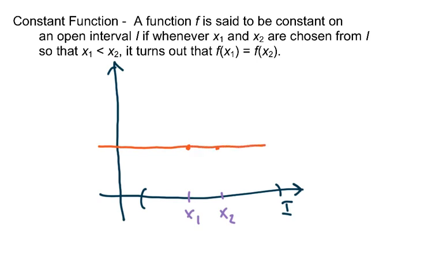Now, what can happen once you get outside of the interval that you're talking about? Well, then it might do other things. But on that interval I, we would say that this function is constant, meaning that the y values go neither up nor down. So, although those definitions seem pretty technical, I hope that helps make some sense.